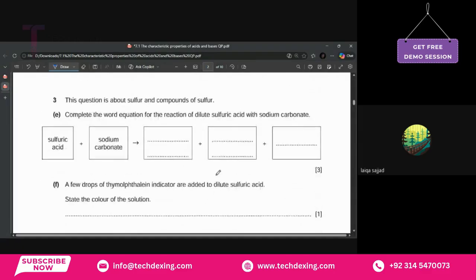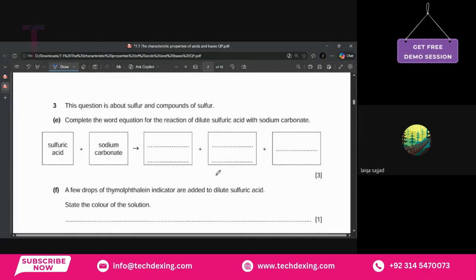Then we are given this question about sulfur and compounds of sulfur. Complete the word equation for the reaction of dilute sulfuric acid with sodium carbonate. So if I react sulfuric acid with sodium carbonate, what would be the products? Acid plus carbonate. Yes, sulfuric acid plus sodium carbonate gives sodium sulfate, carbon dioxide and water. Very good.